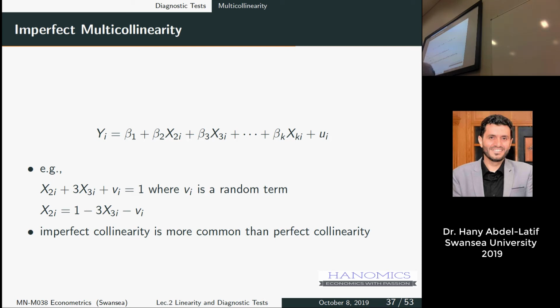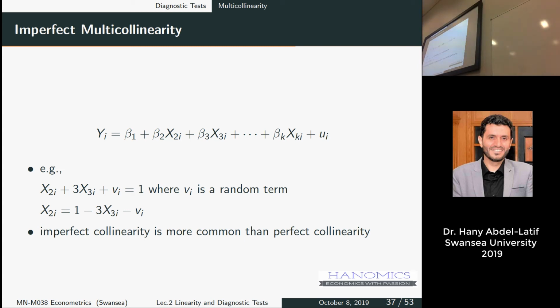For example, very similar to what we discussed in the previous slide, I have x2 plus 3x3, but there's some sort of random term here, equal to 1. In that case, you can express this as a linear function of this, but there's some random element here because the correlation is not 100% between both variables. And in that case, we have imperfect collinearity between x2 and x3.